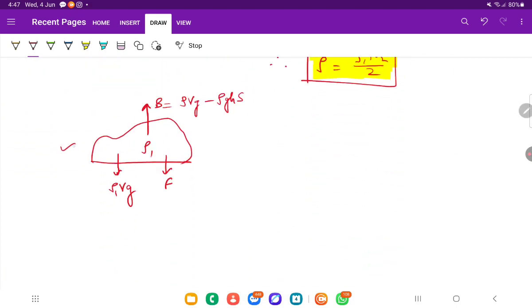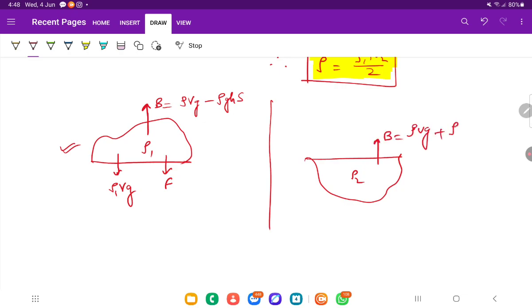So basically this is the free body diagram of the first body, and we can similarly draw the free body diagram of the other body as well. Let me draw once. This is the rho 2 density body, and its net buoyancy force is upward as rho Vg plus rho gh into S. Its weight is acting downward as rho 2 Vg, and its glue force will be upward just to keep it intact with the first body.